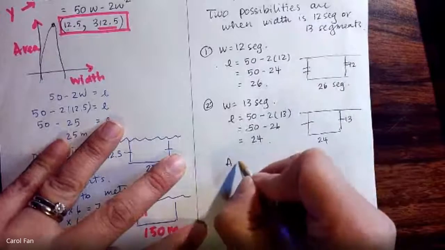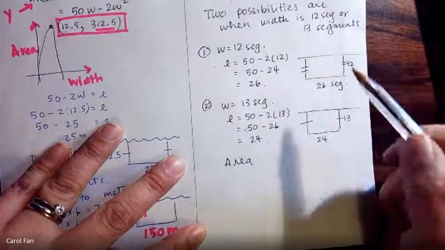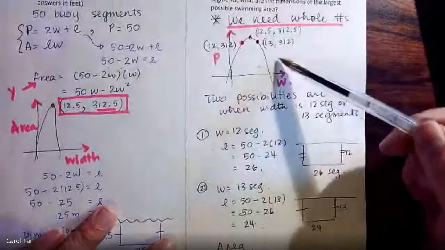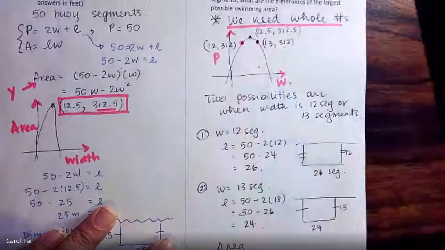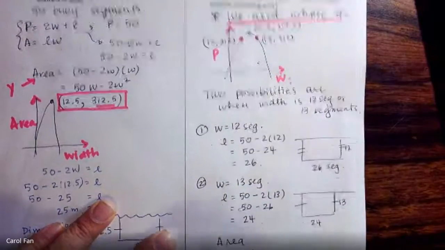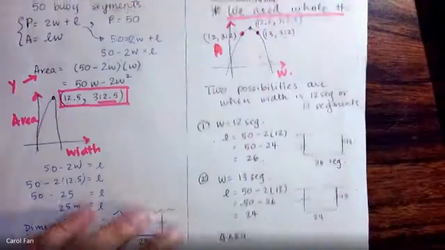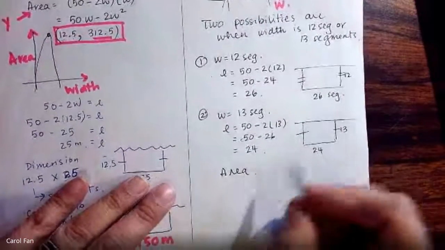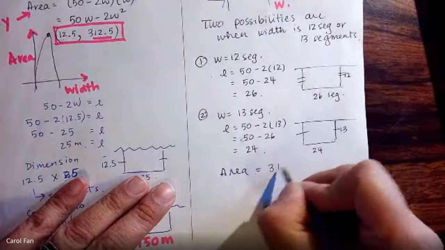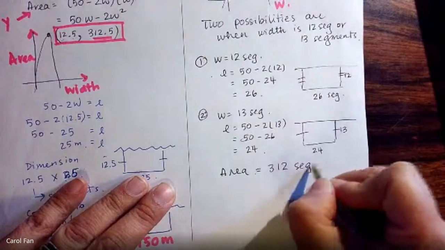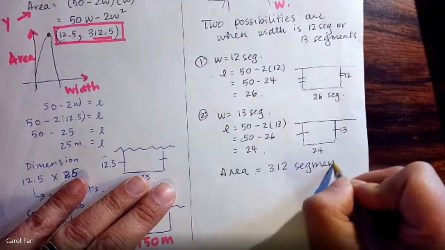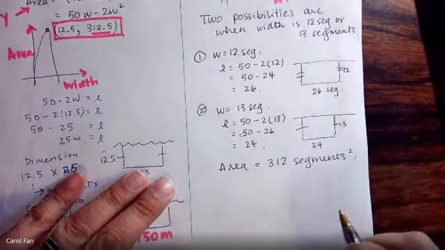The area for both of them, as shown in our graph, is going to be 312. Oops, it was area up here. Okay, so area for both 312 segments squared.